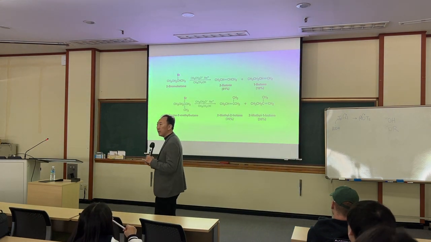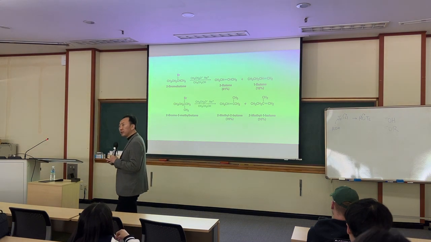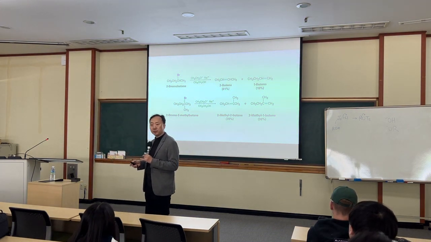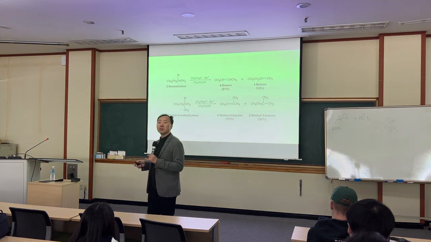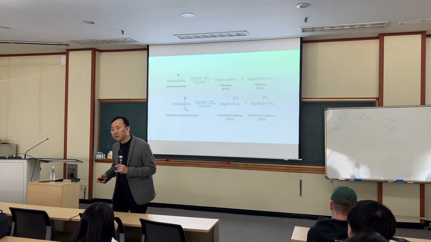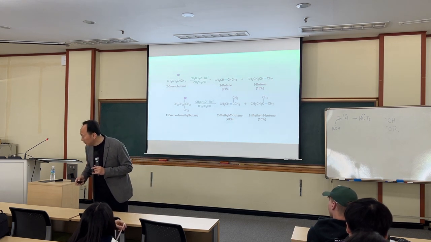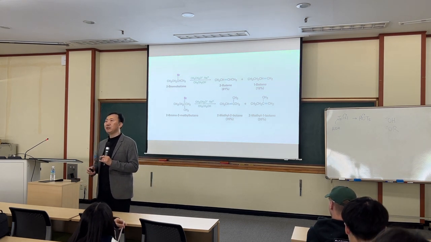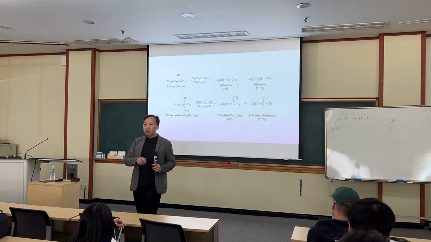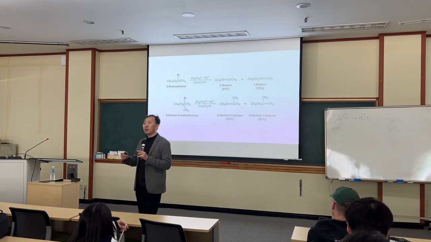The more substituted alkene is more stable. We have learned it before. By what mechanism? Markovnikov is when addition happened, the more substituted position is preferred. That's Markovnikov.